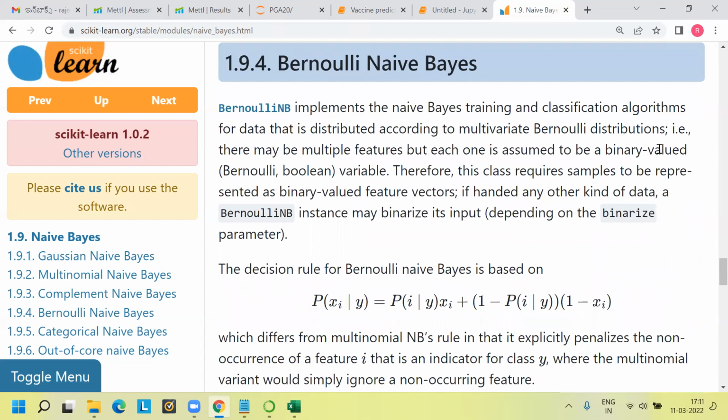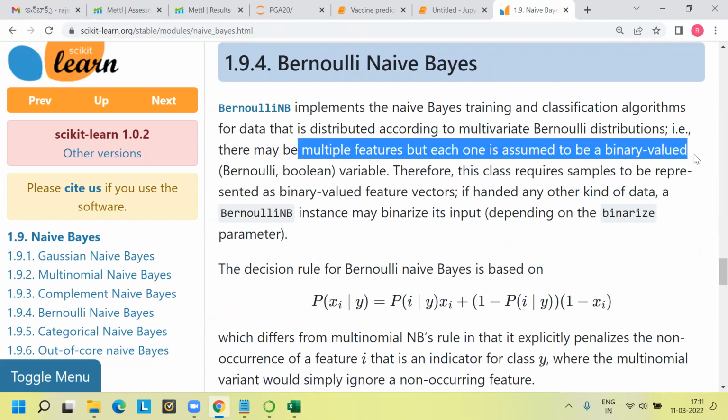Bernoulli. Multivariate. If the majority of your variables are binary, meaning yes or no, then we have to run Bernoulli's naive Bayes.